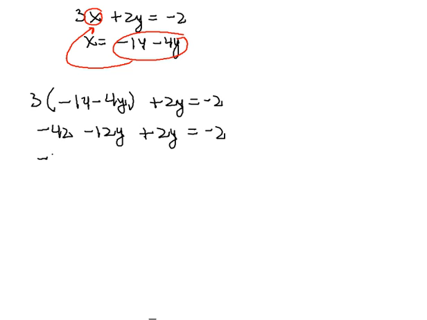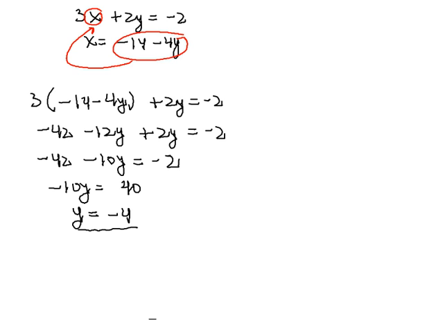We then have negative 42 minus 10y equals negative 2. And if we add 42 to each member, we have negative 10y is equal to 40, or y is equal to negative 4.